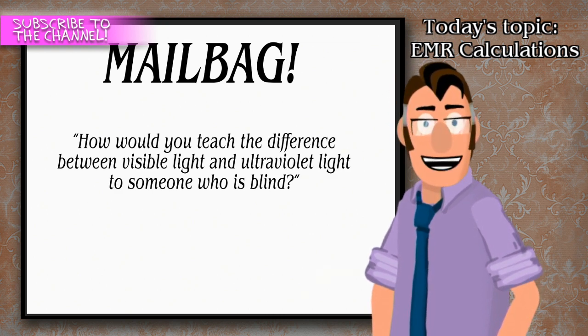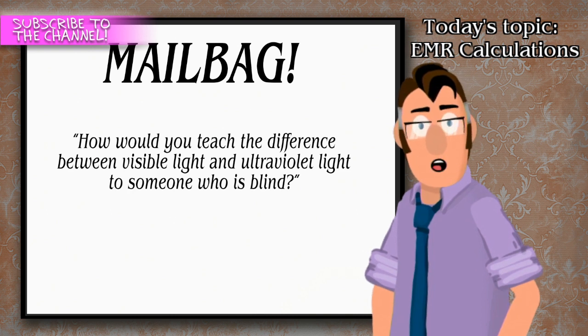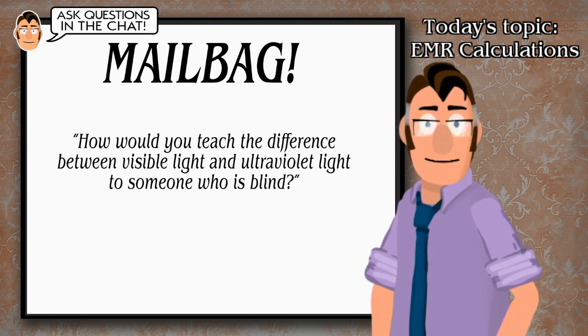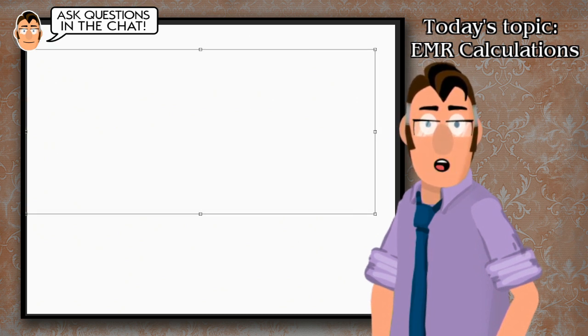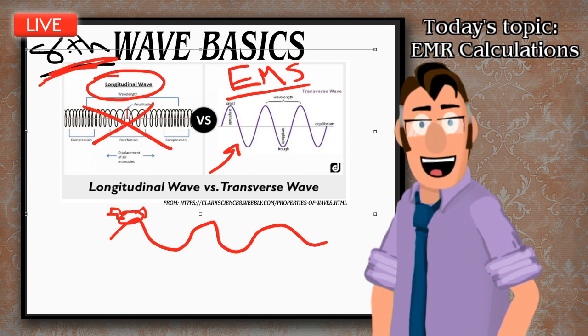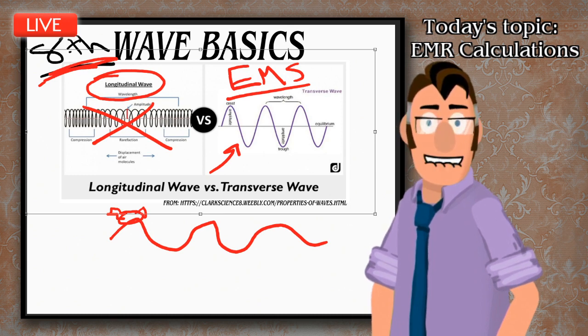So what we are going to be doing today, hi Micah, is review very quickly just the properties of a wave. Remember that we talked a little bit about the properties of a wave yesterday. We talked about the difference between longitudinal and transverse waves.